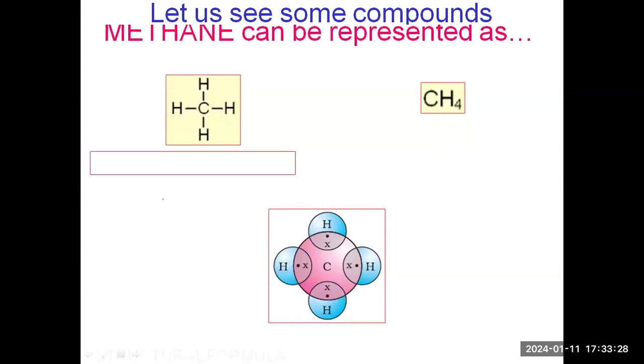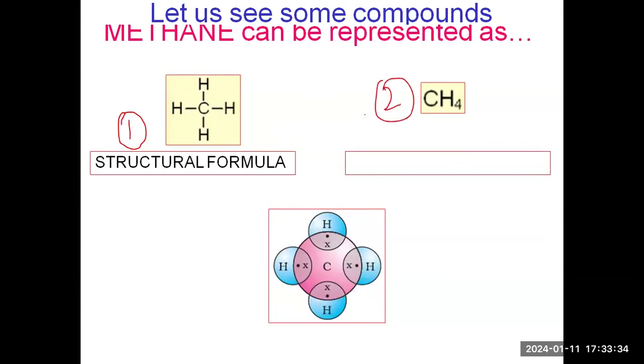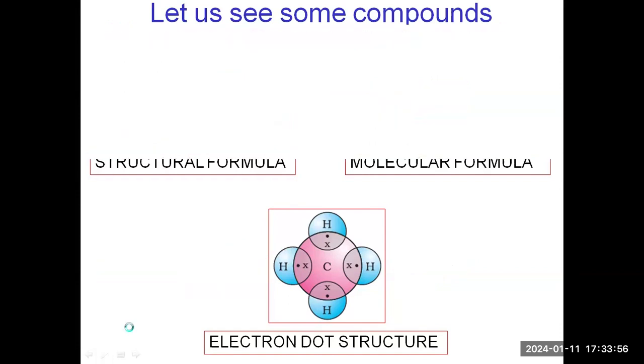The first one is the structural formula. The second one is the molecular formula for methane. And the third one is the electron dot structure for methane. So you can be asked a question in any of the ways. If you are asked to draw the structural formula, this is what you draw. If they ask you the electron dot structure, this is what you have to draw. And the molecular formula, everyone knows.